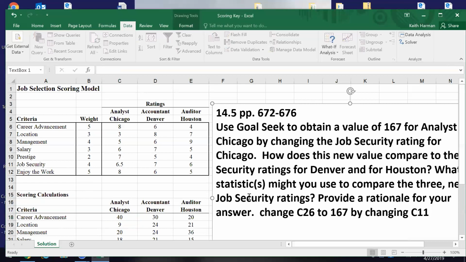Now, if you're a marketing student, one of the uses of this would be, say, with a focus group. When you sit down with a focus group on a product, you provide criteria and then you provide a weight for them.